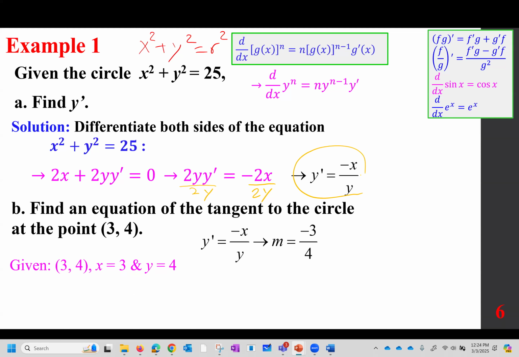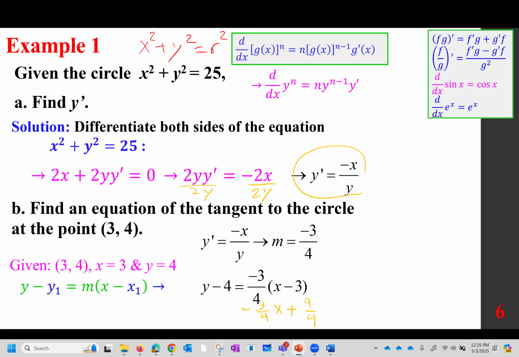Using the point-slope form, y minus y1 equals m times x minus x1, we get y minus 4 equals negative 3/4 times (x minus 3). We distribute.